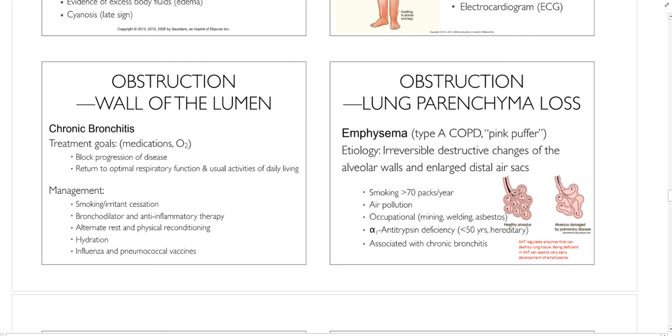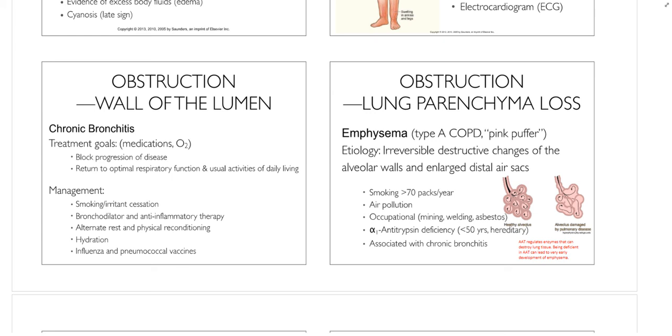People also can have alpha-1 antitrypsin deficiency, which is a genetic issue, where the lack of alpha-1 antitrypsin, or AAT, matters. All right, so AAT itself regulates enzymes that destroy lung tissue. So having AAT helps to regulate that.